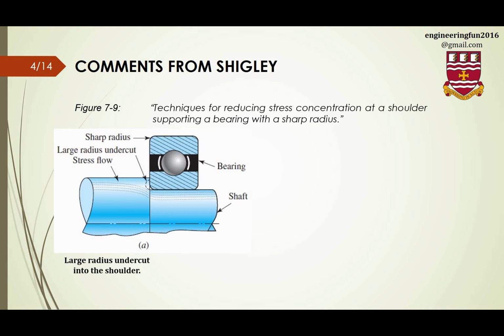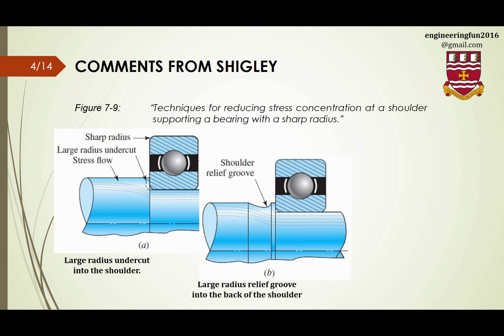In the first one, you see that the first method is called large radius undercut into the shoulder. So if we have a sharp radius here, for example, we're going to have a large radius undercut here, so stress flow will go like this. So we're going to reduce stress concentration using this method.